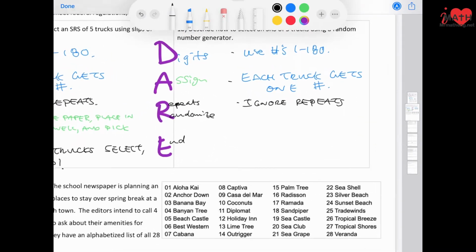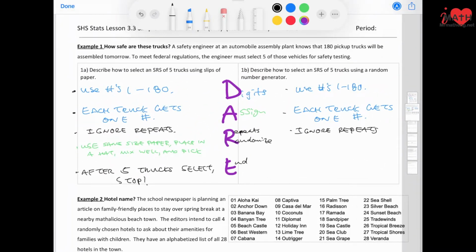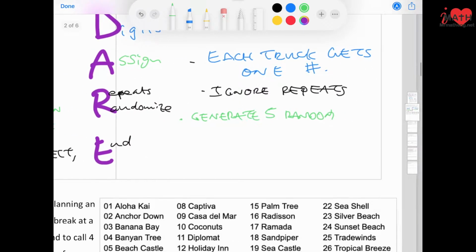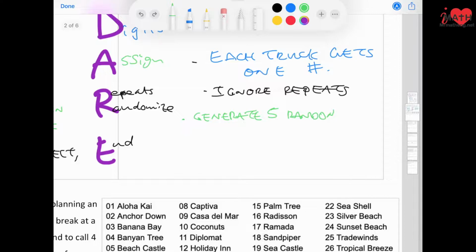Okay, those of you who use technology to randomize. Well, in the technology, I need to generate 5 random integers.